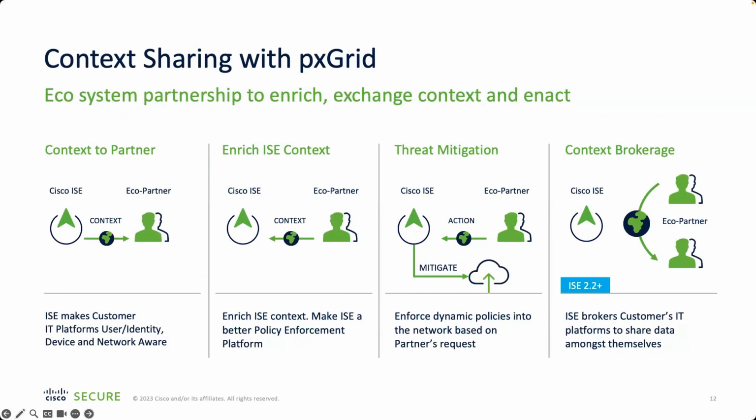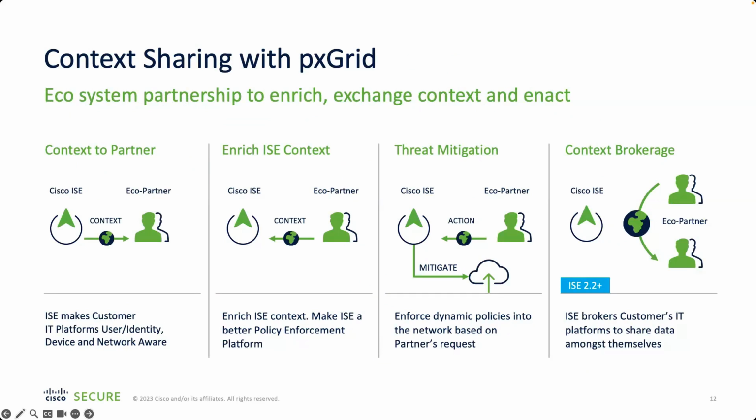On this slide, we have different categories of pxGrid, like how we can share information with other security products, and how ISE can also fetch that information. Let's discuss in detail. pxGrid is a subscription-based communication framework that Cisco first came up with, but now it's an RFC, and it's used by non-Cisco products.